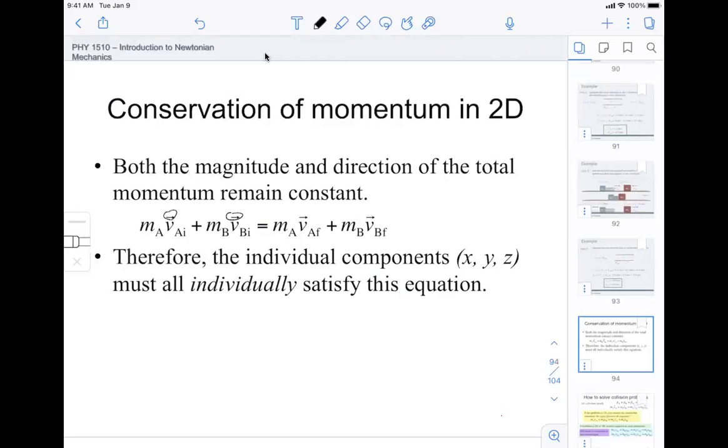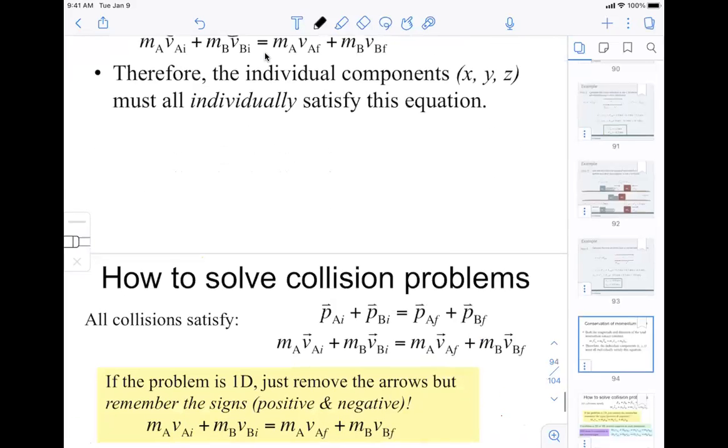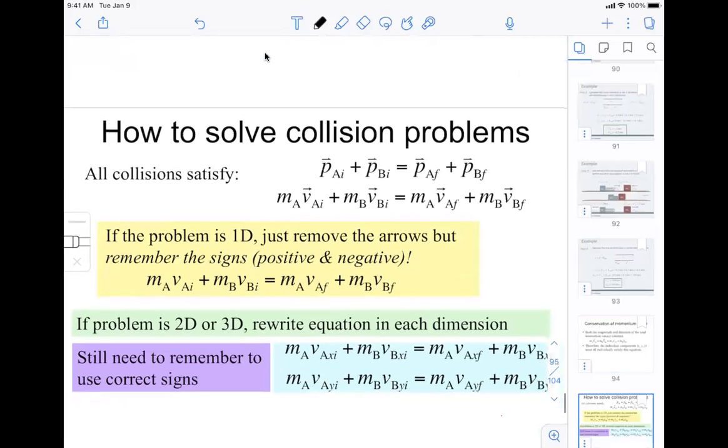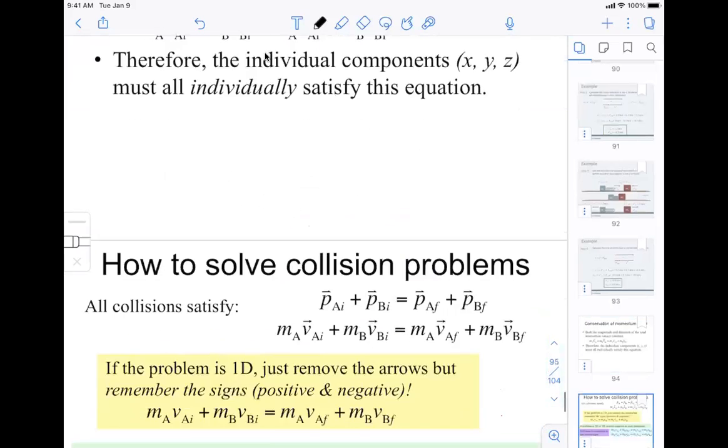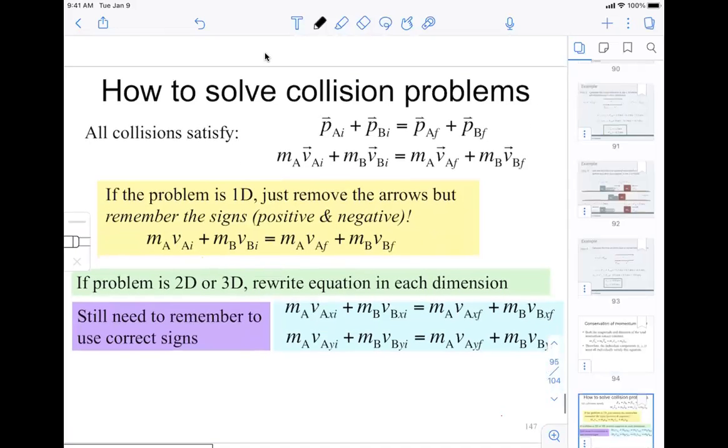You can do this by breaking it down into x and y components. So you can write down the conservation of momentum in your x component, and you can write it down in the y component. So when you write it down in components, you can lose your vector sign.